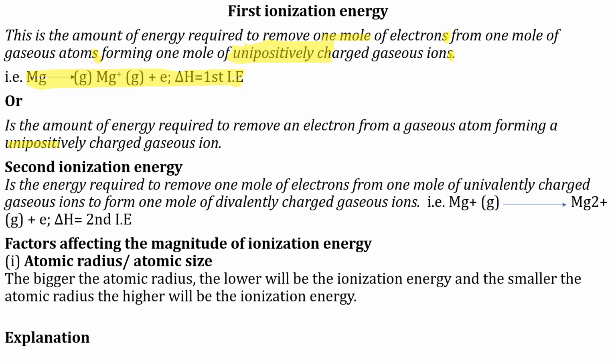It was defined in terms of moles, so each and every word you're going to use must be plural. We are saying the energy required to remove 1 mole of electrons from 1 mole of univalently charged gaseous ions to form 1 mole of divalently charged gaseous ions. So take note of that.